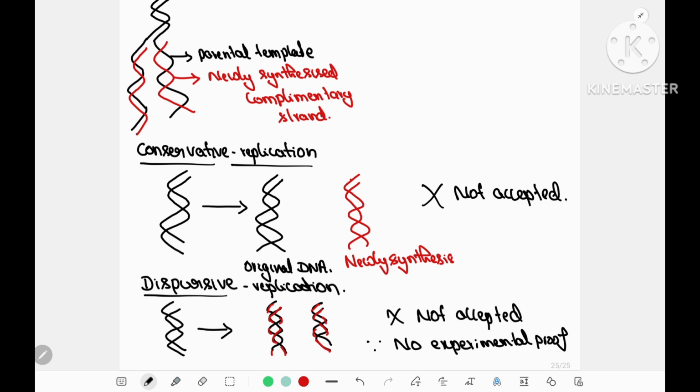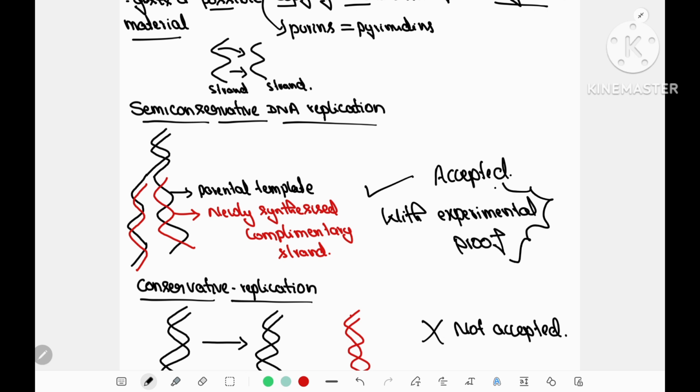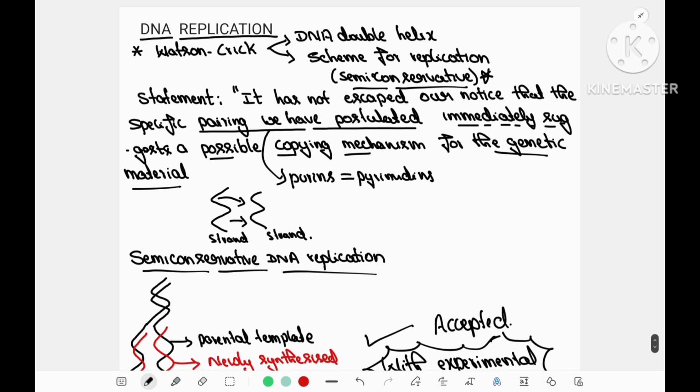But the well accepted one, and what we study about replication, is only semi-conservative DNA replication, because it was proved with experimental proof provided by two scientists, Meselson and Stahl. You have to remember who proposed semi-conservative replication.